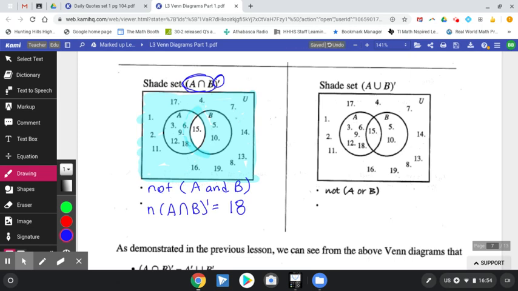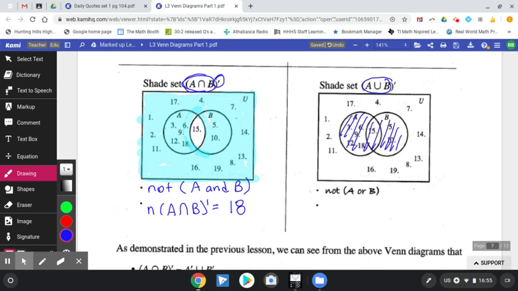And then our last one here, again, think about where this section would be. So A union B, don't shade where I'm shading, I just want to show you. A union B is everything in the circles.